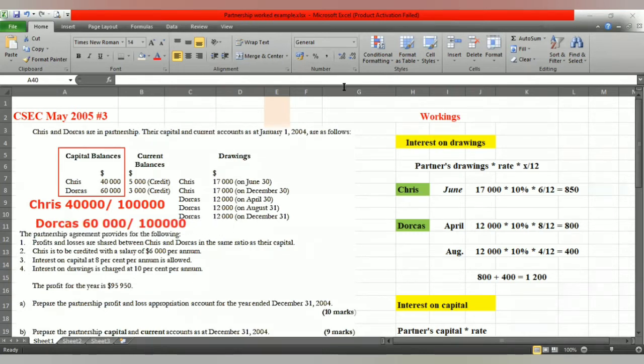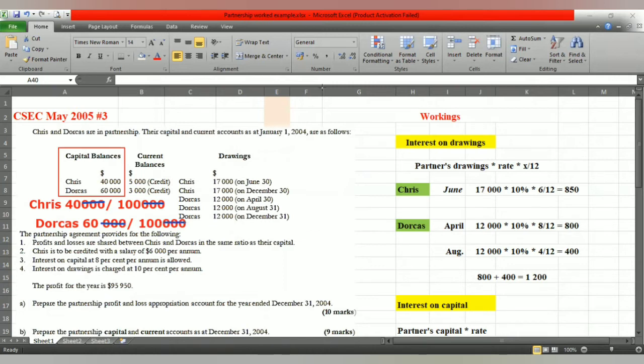Now, what you could do is that you could simplify it by getting rid of the extra zeros right there, and you could say 40%, and for Dorcas, that would be 60%, and it could go lower.